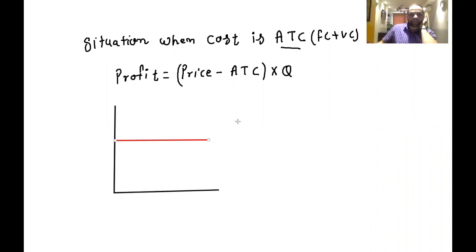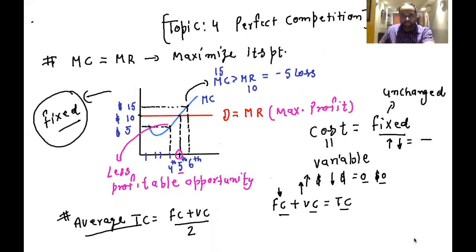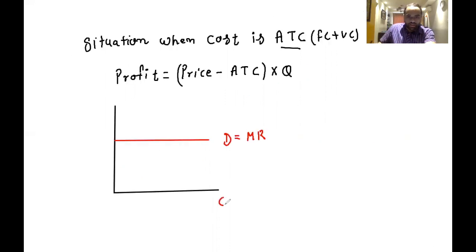That's your demand curve, right? So the demand curve means here D equals marginal revenue. That's your quantity. The X-axis is the quantity, and the Y-axis is a dollar value. Could be price and could be cost.